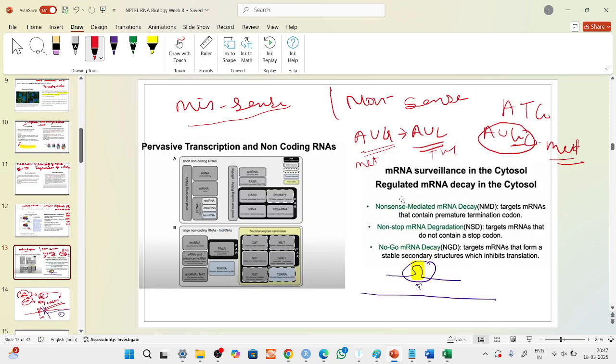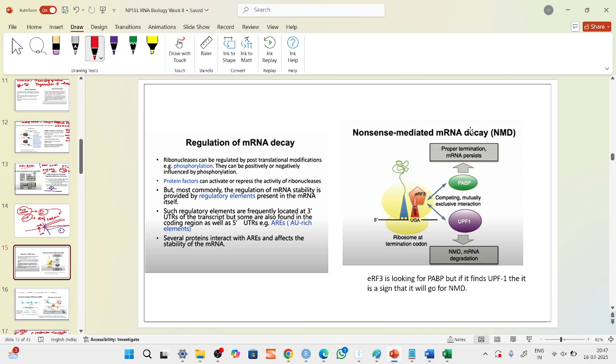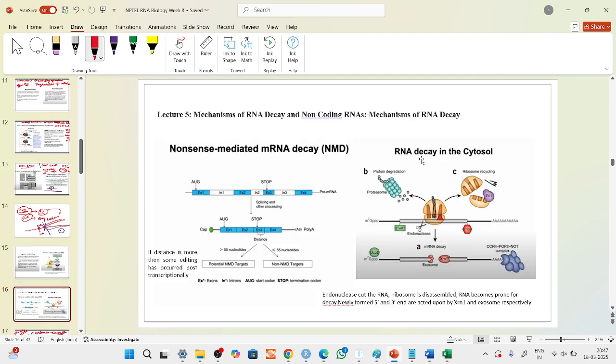Then in this mRNA surveillance in the cytosol, there are three major pathways: nonsense mediated mRNA decay, non-stop mRNA decay, and no-go mRNA decay. When we talk about the nonsense mediated, a premature stop codon is there, which marks the mRNA for degradation.